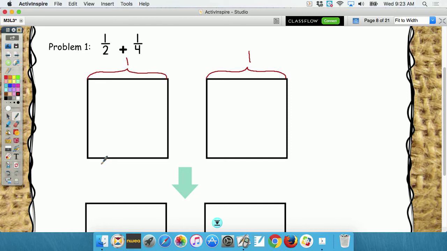There's a couple ways to say it. When I was a kid, they said it's called finding common denominators. Do you know what it's called today?